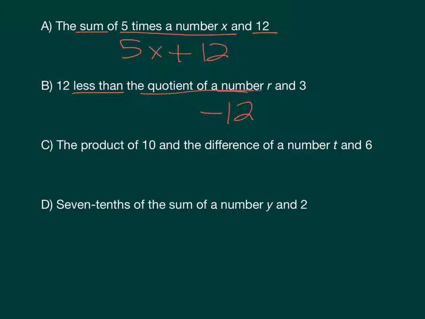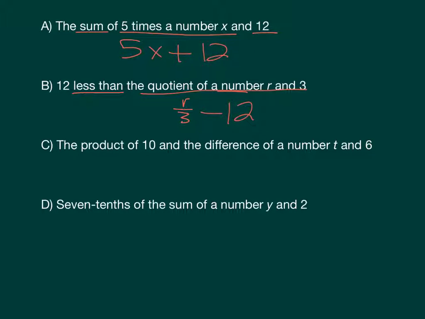There's a few different ways to write this. In algebra, usually we show division, that's what quotient tells us to do, by using a fraction. So I can write r divided by 3. So it's 12 less than r divided by 3, or r divided by 3 minus 12.